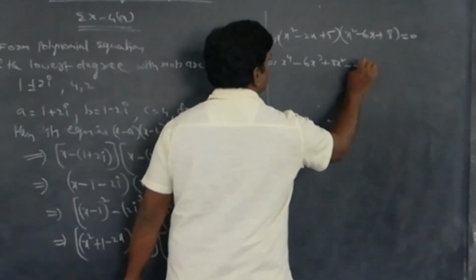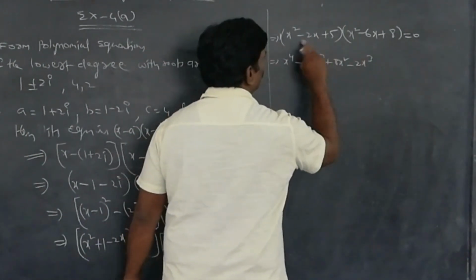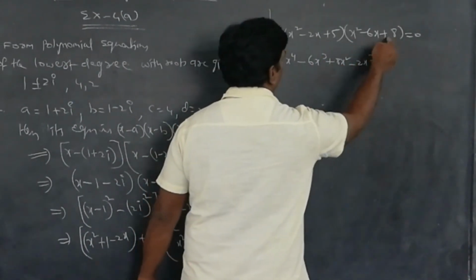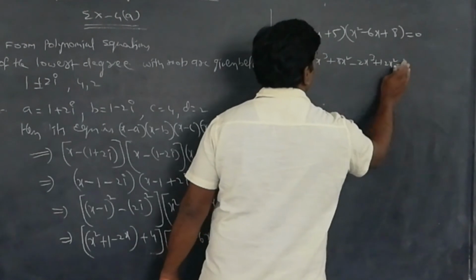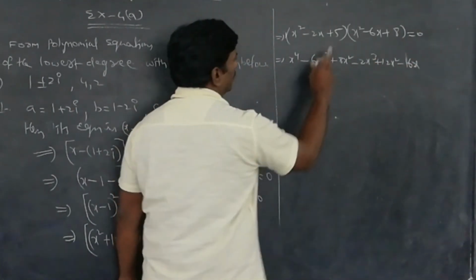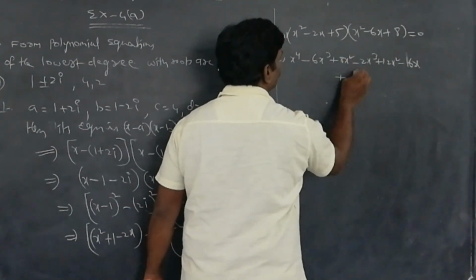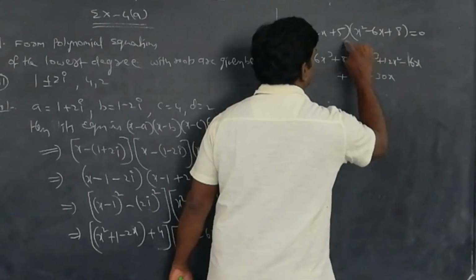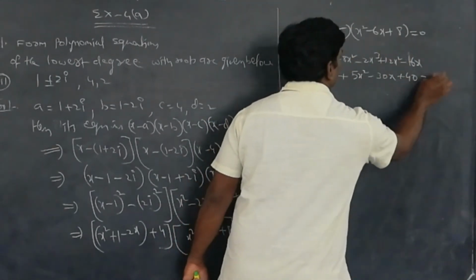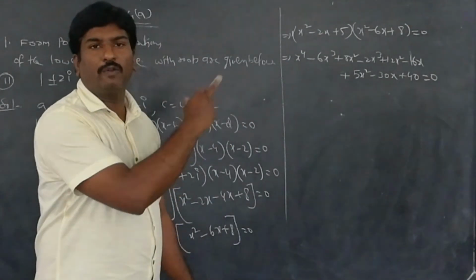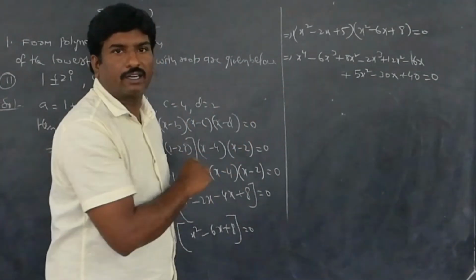Next minus 2x into x square is minus 2x cube, plus 12x square, minus 16x. Next plus 5 into x square, 5x square, minus 30x, plus 40 equal to 0. Understood, all of you? Now simplify and write it in order.